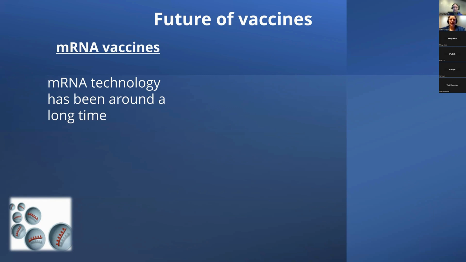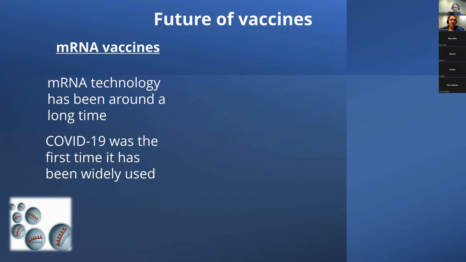There are a few different studies that have been using it against these types of viruses. And they've also been using mRNA technology to trigger immune responses that can target certain types of cancer cells, which is very, very cool.